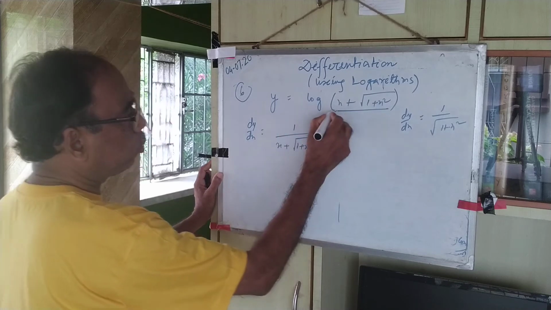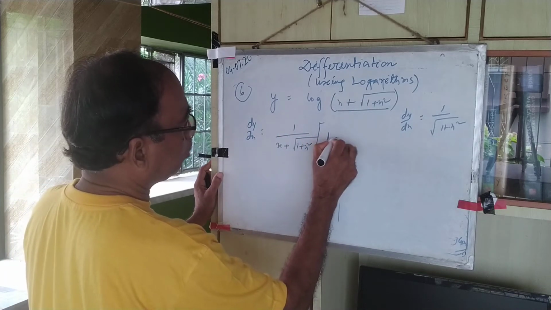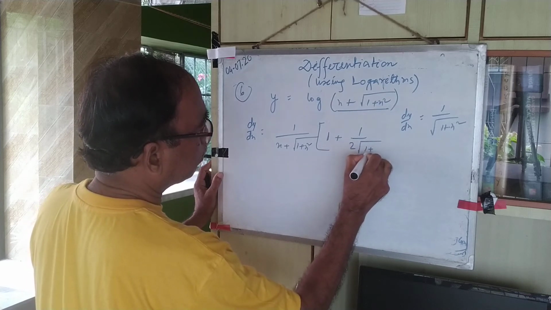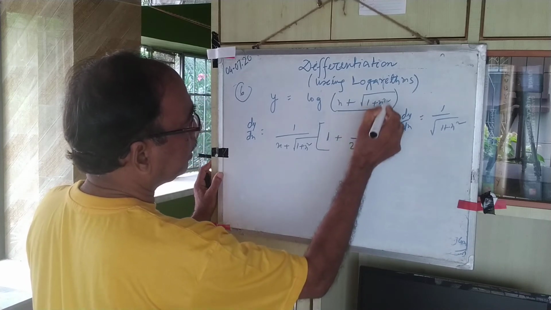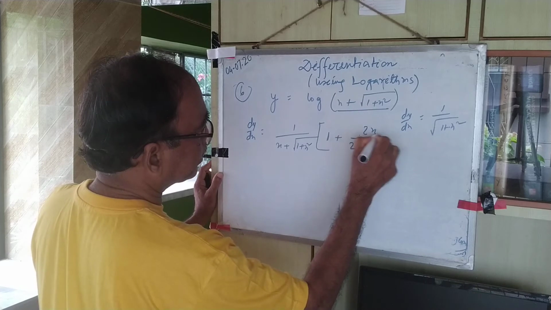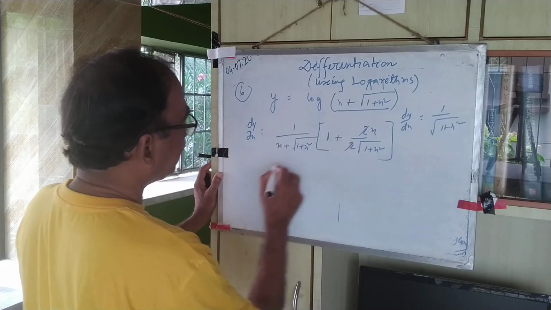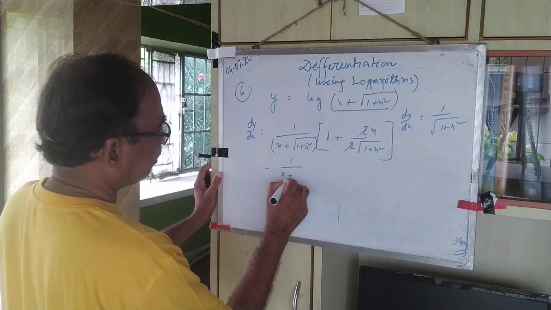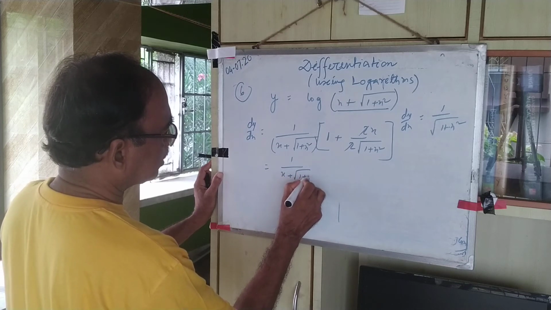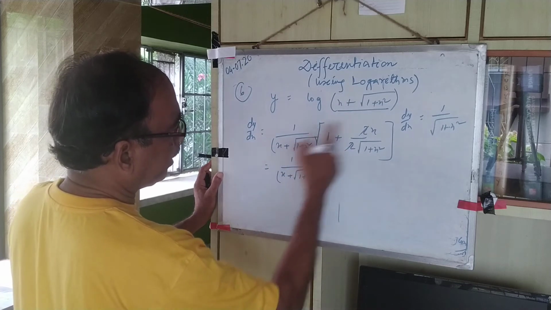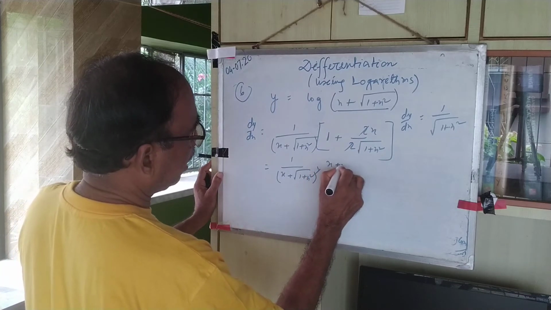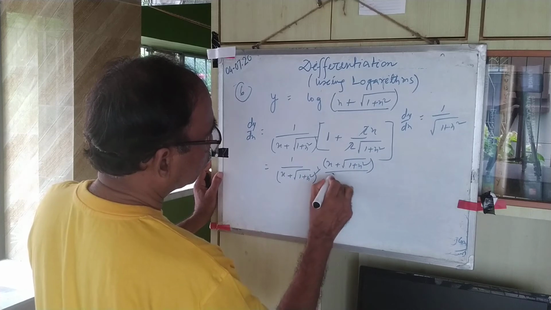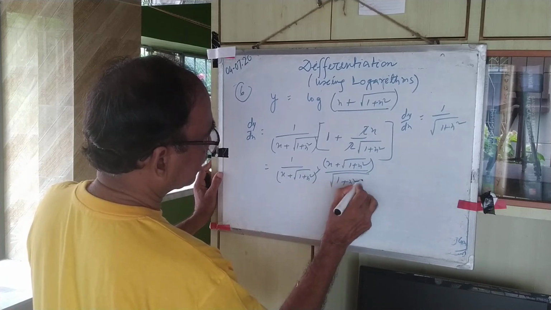Then by chain rule, x derivative 1, root something derivative 1 by 2 root over 1 plus x square, then inner portion is 2x, so the 2 cancels. That is 1 by (x plus root over 1 plus x square), and doing addition, (x plus root over 1 plus x square) over square root of 1 plus x square.